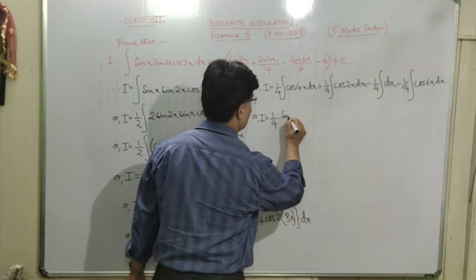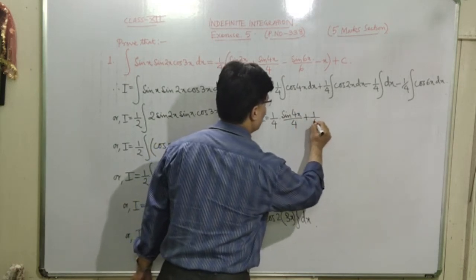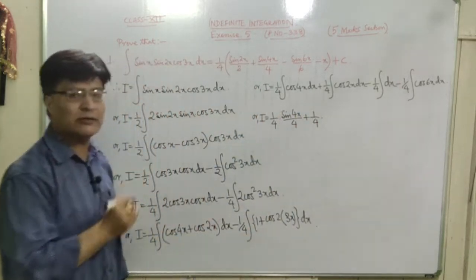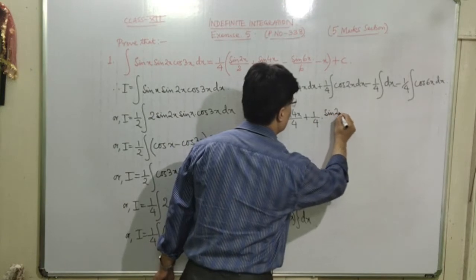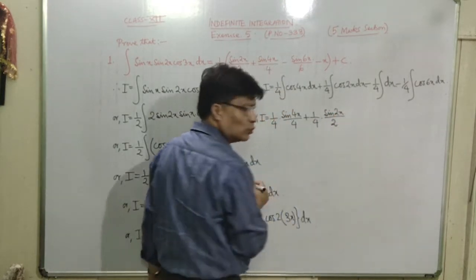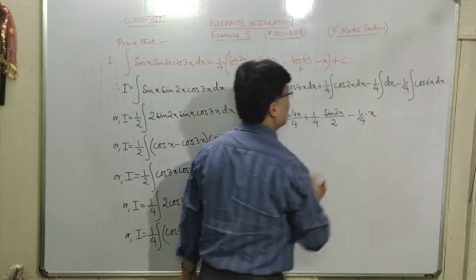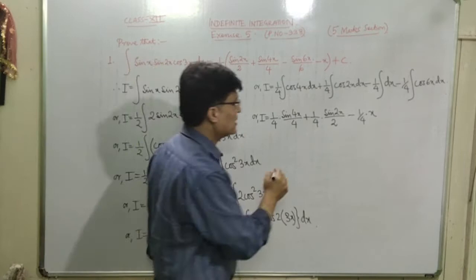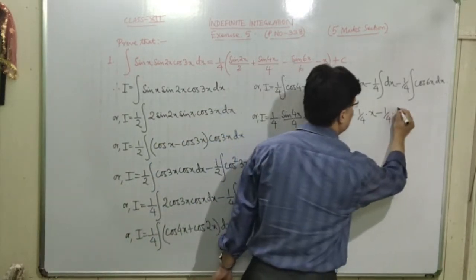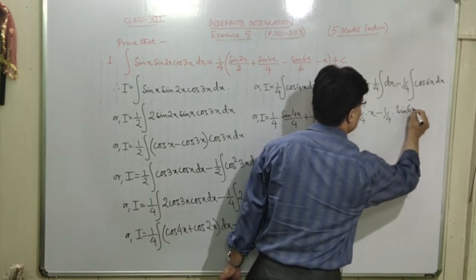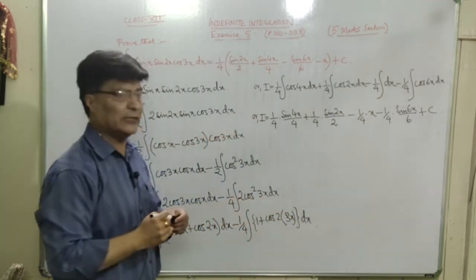So here it is sin 4x upon 4, plus 1/4 into, similarly, integration of cos 2x is sin 2x by 2, minus 1/4 into integral dx, which is x. Next one is minus 1/4 into integration of cos 6x, which is sin 6x by 6. Then you should write plus c.